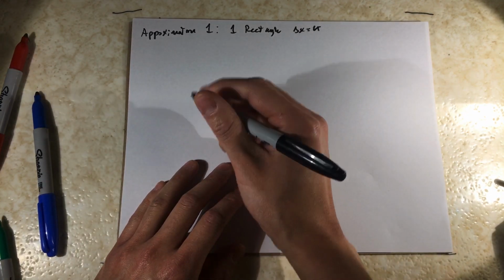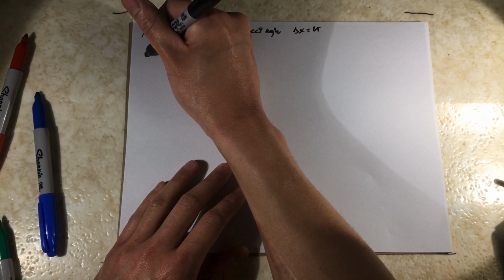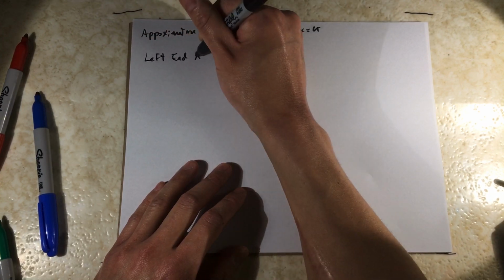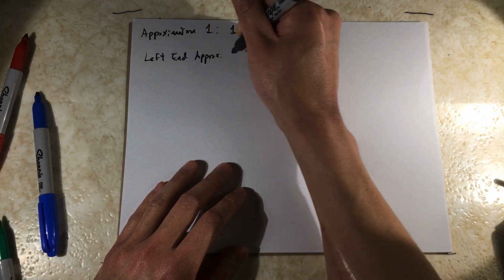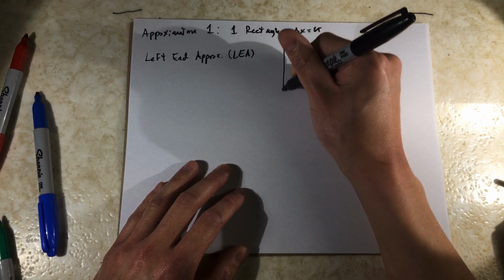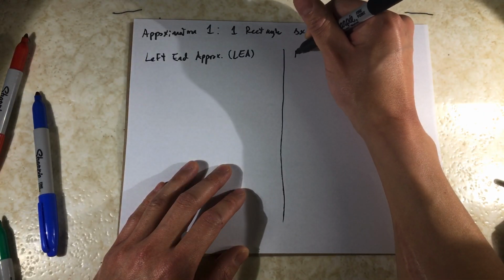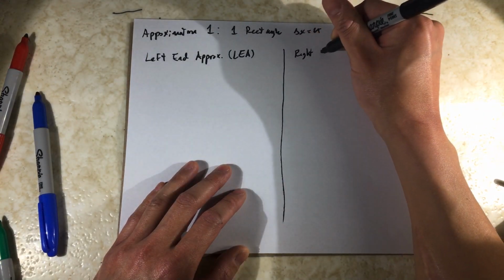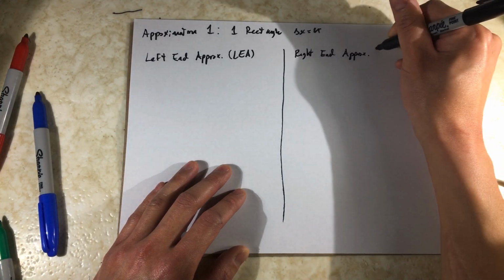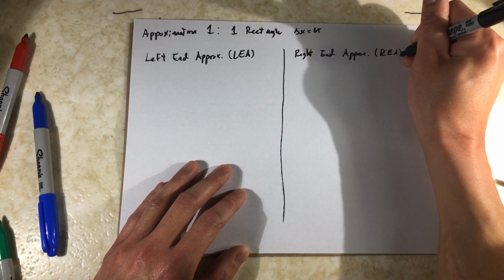We're going to do the two sides. We're going to do the left end approximation, which I'm going to call LEA, and then the right end approximation, which I'm going to call REA.